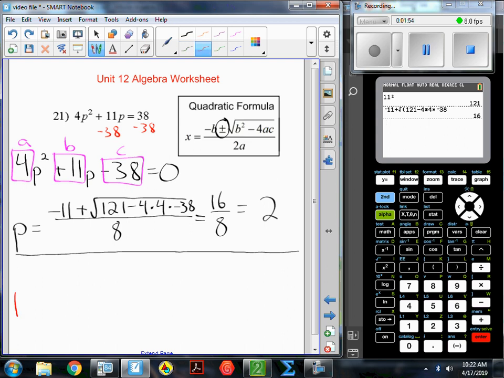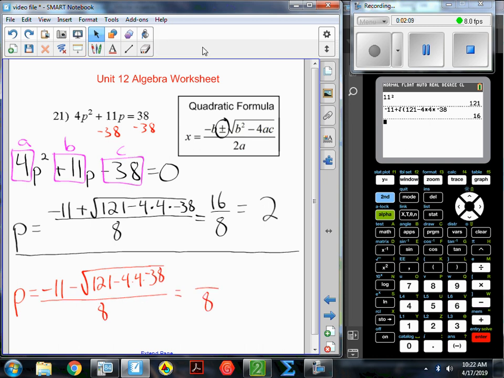Do the exact same thing, but this time with the minus square root. So negative 11 minus the square root of 121 minus 4 times negative 38 over 8. It's going to equal something over 8.